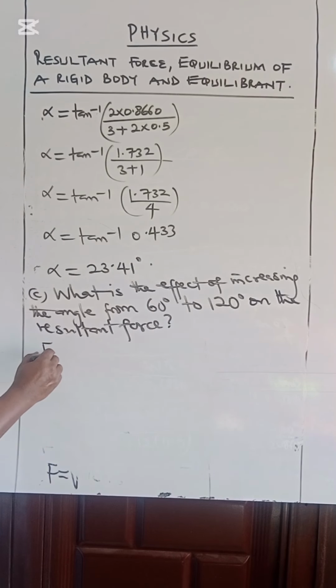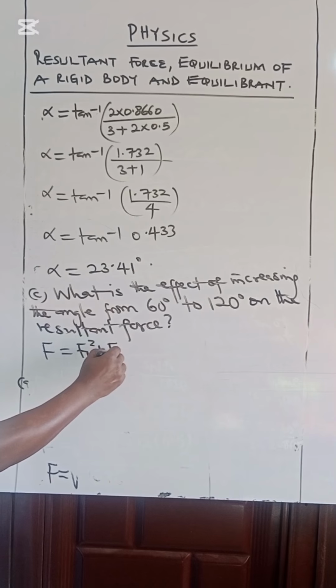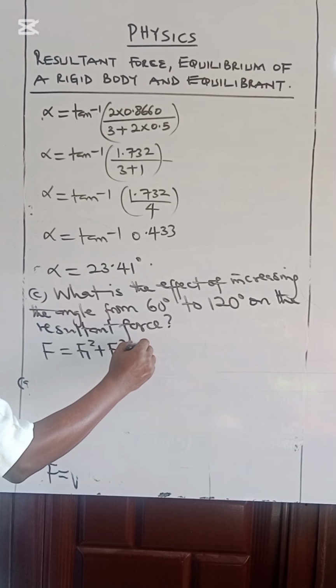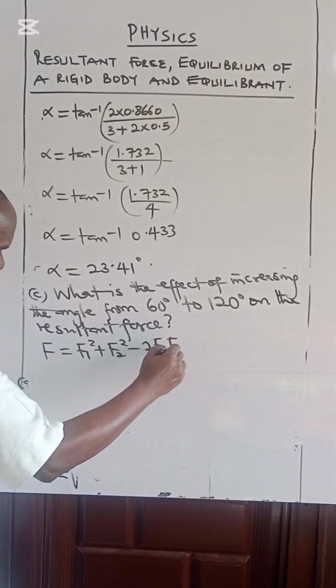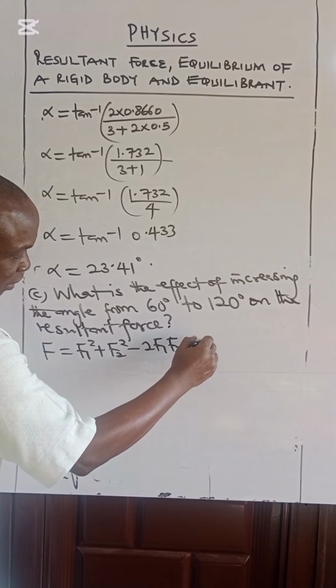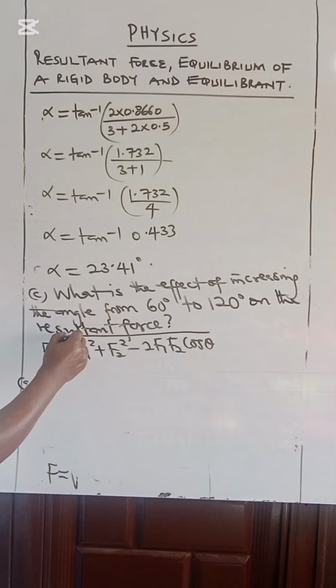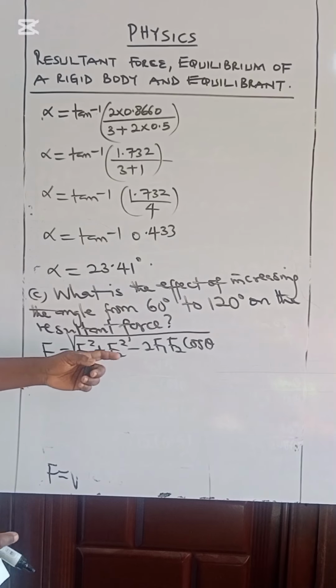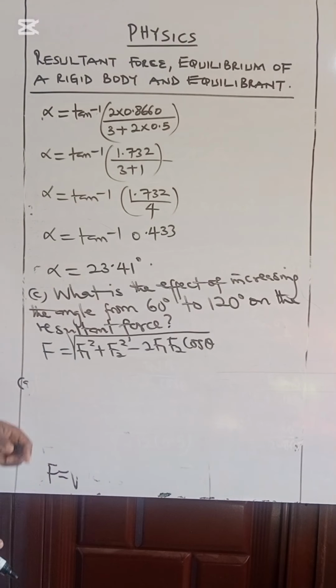F is equal to the square root of F1 squared plus F2 squared minus 2F1F2 cos theta. You know this is the formula when you are given an obtuse angle.